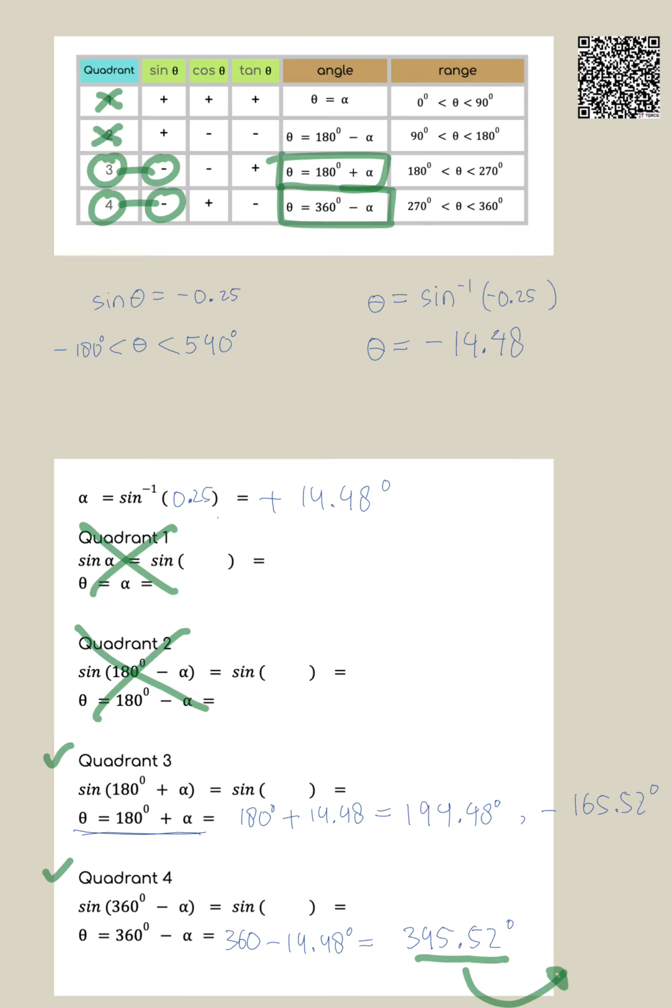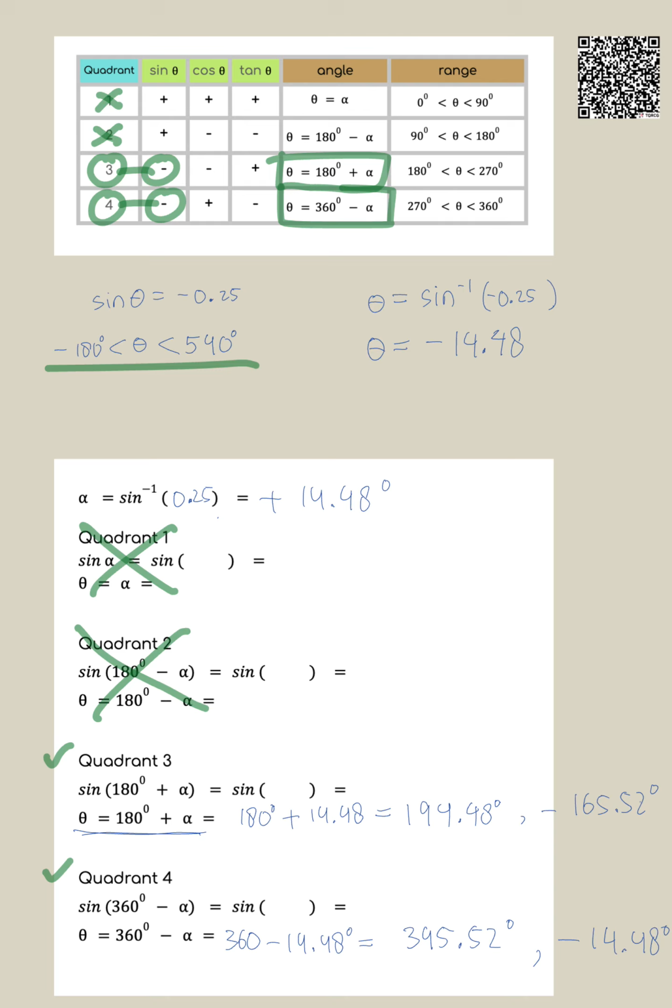We try out 345.52 minus 360. According to the calculator it is negative 14.48 degrees. Is this one of the answers? Yes, because it's within the range of negative 180 to 540. Right. So we have 4 answers.